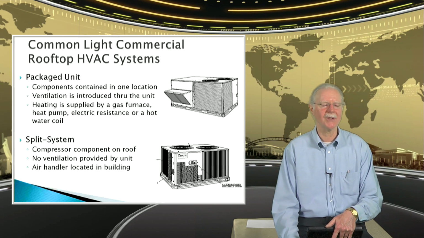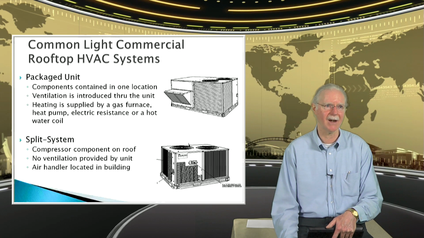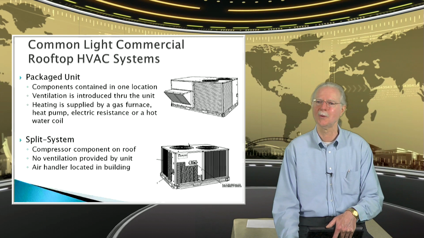The first one we usually call a package unit. The name really is pretty indicative of what it is. In that package is everything you need. Ventilation is there, heating system is there, cooling system is there. Usually the entire process is controlled all in one package.